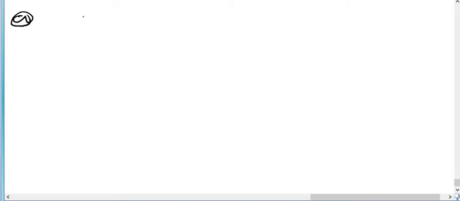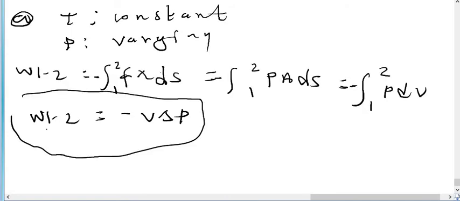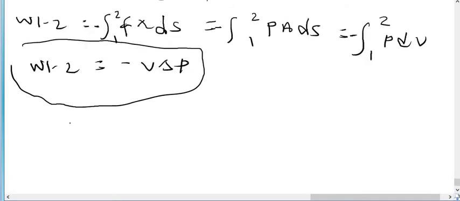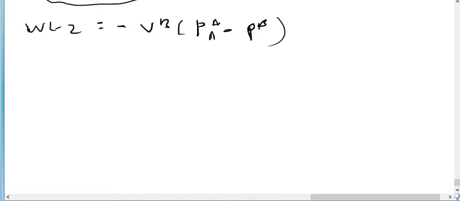We see the temperature is constant, T is constant, but pressure is varying. So what is the formula for finding work done during this? So that is the formula.